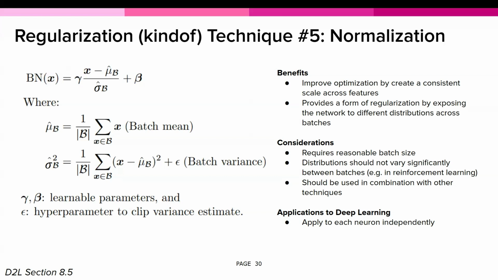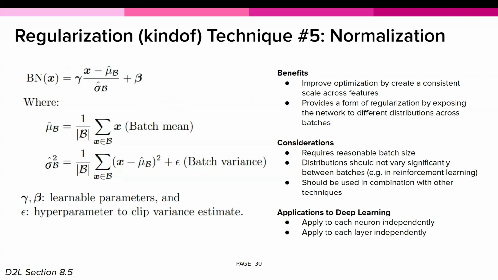And then batch normalization can instead be applied to entire layers instead of individual neurons. This is useful in scenarios where the data distributions vary significantly over time or from batch to batch.